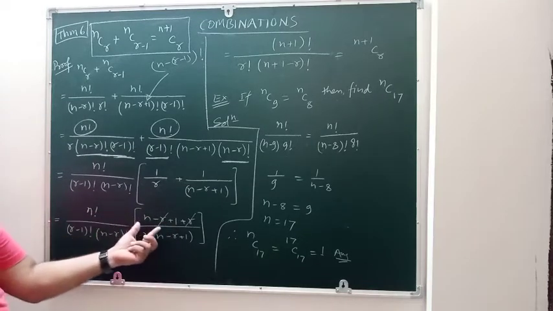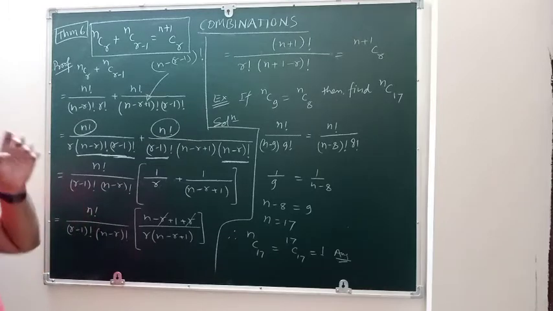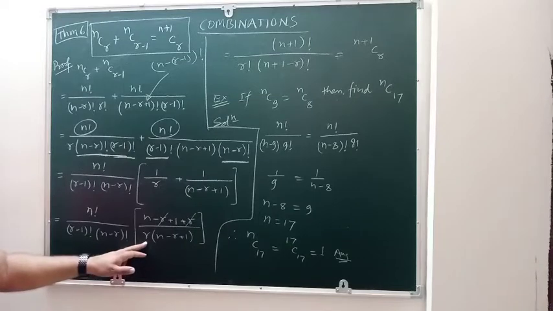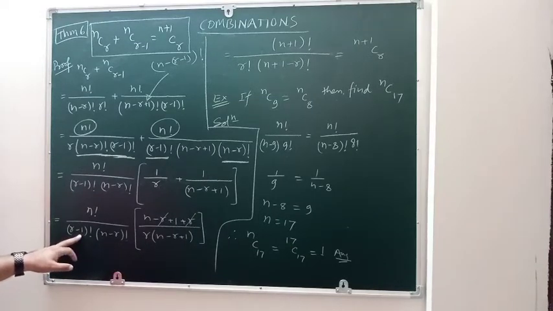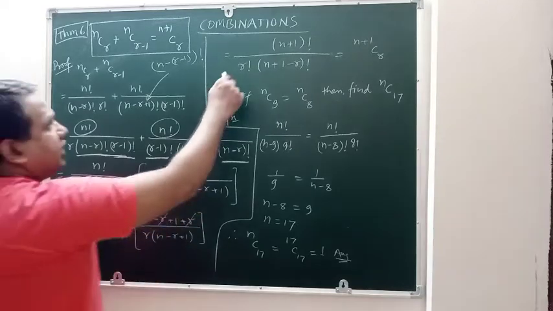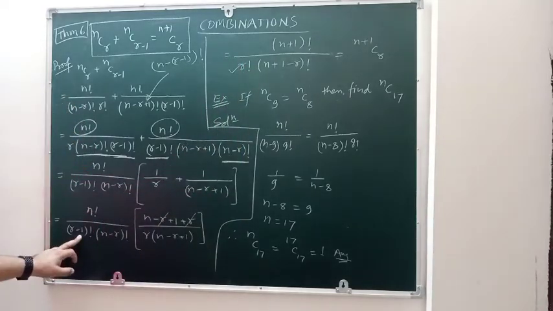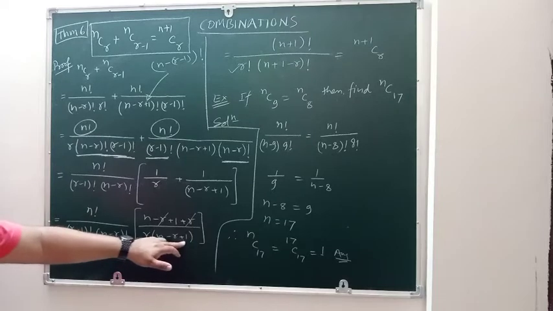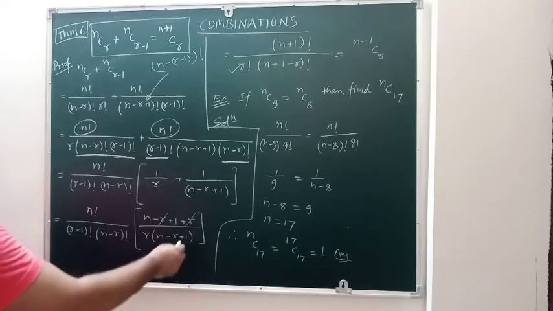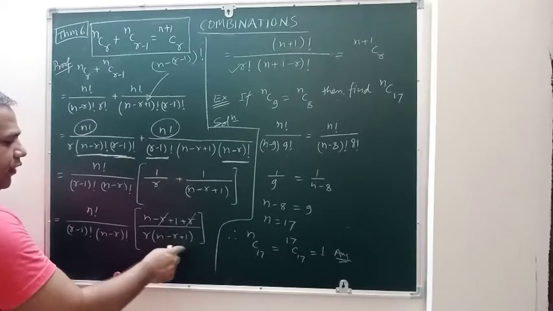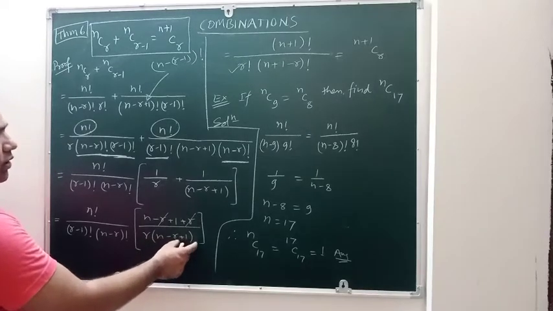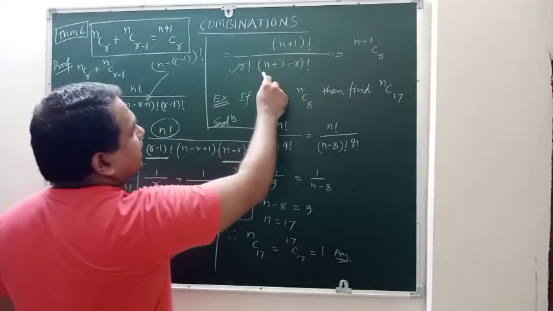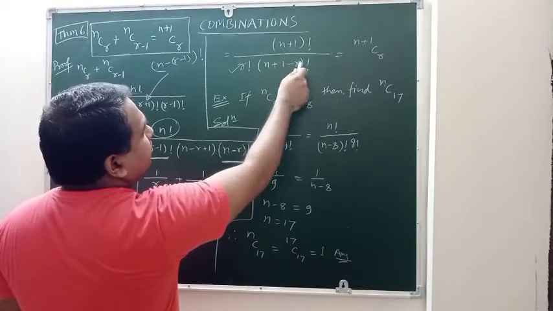If I multiply n plus 1 with n factorial, it becomes (n plus 1) factorial. If I multiply r with (r minus 1) factorial, it becomes r factorial. I have written r factorial over here, and (n minus r plus 1) factorial, arranged in this manner as n plus 1 minus r.